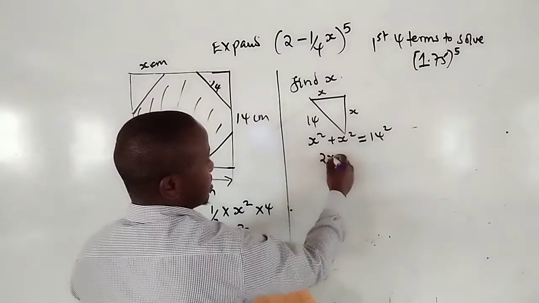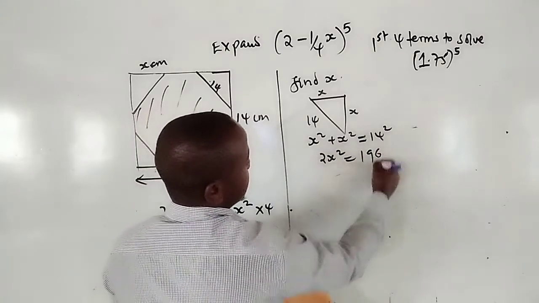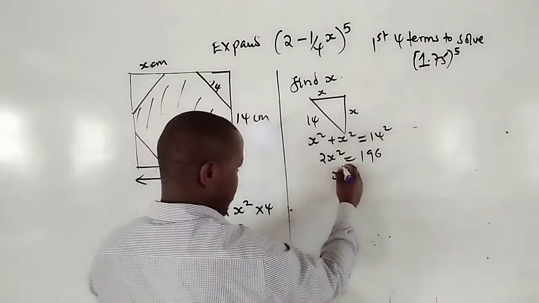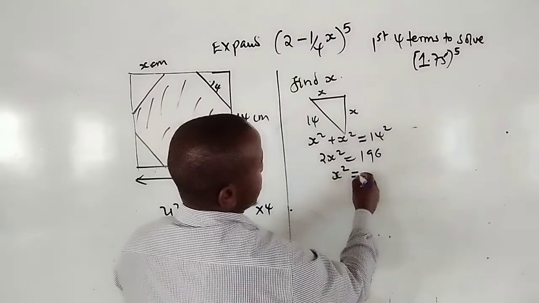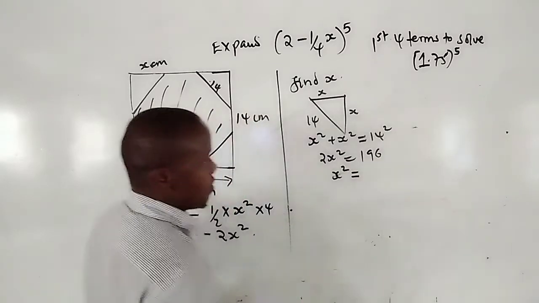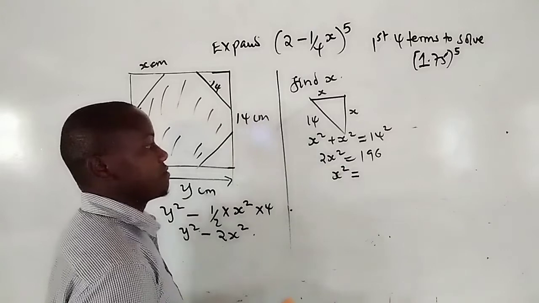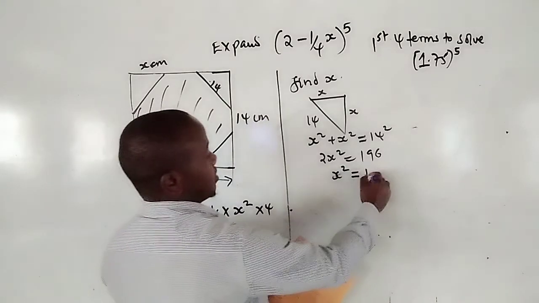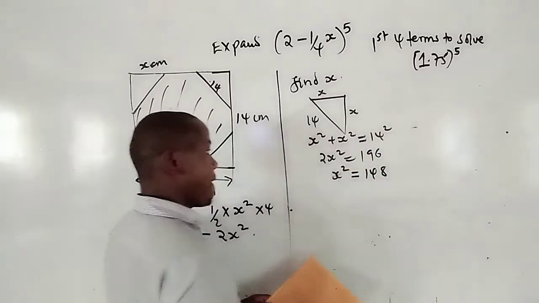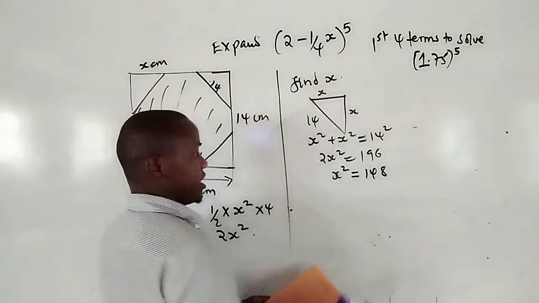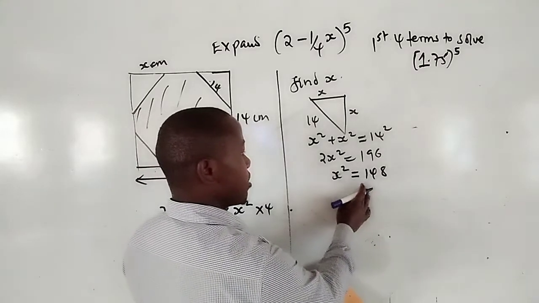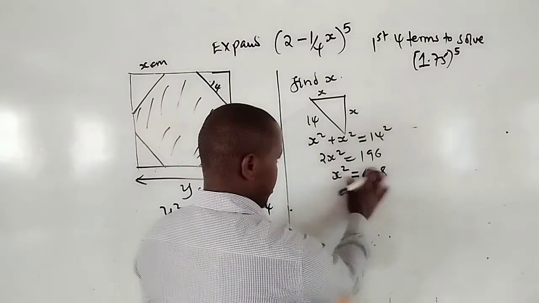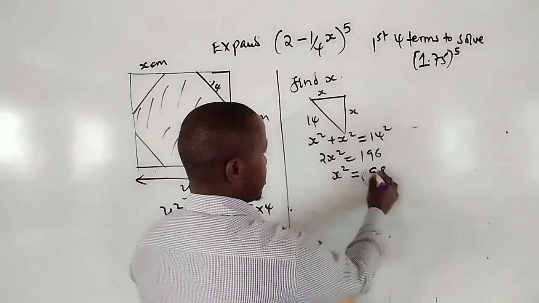So this is 2x squared equal to 196. x squared, dividing by 2, we get 98.